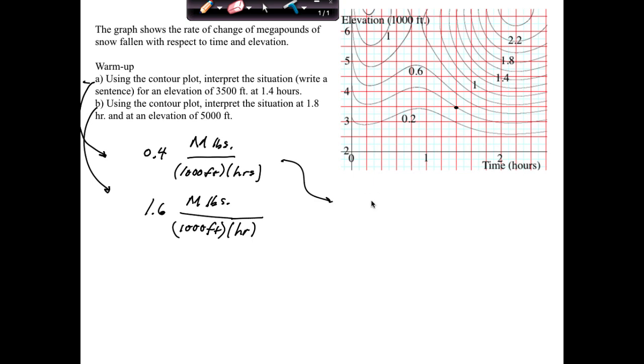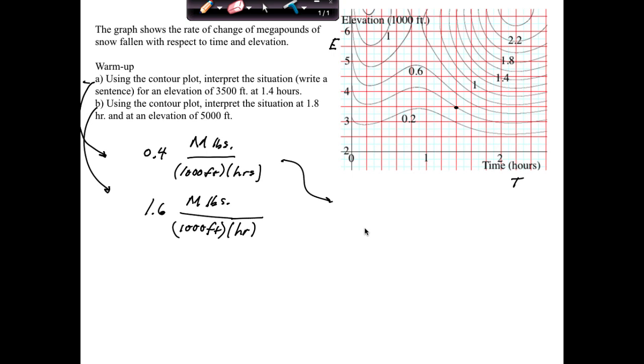Times as much as the megapounds as the elevation and hours change. Right.